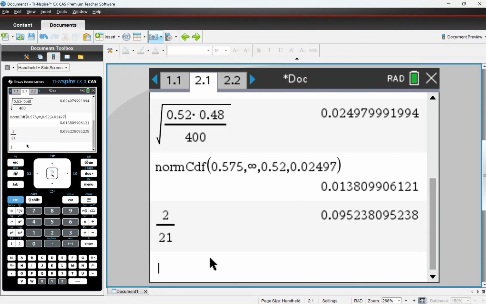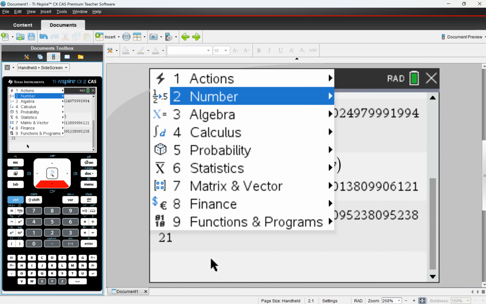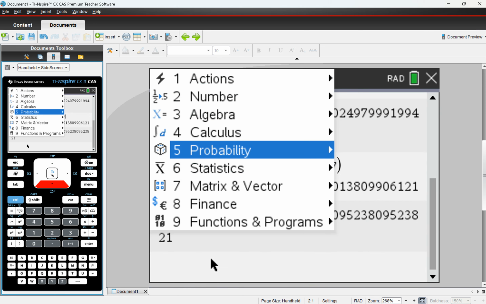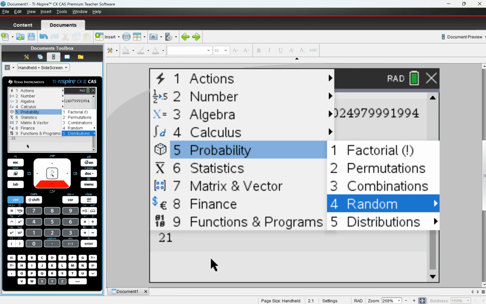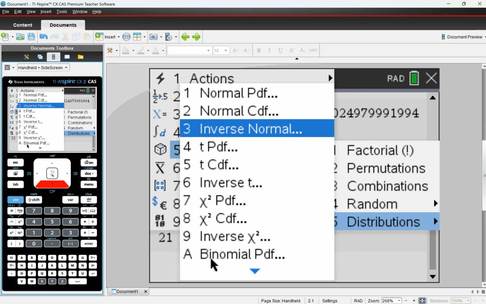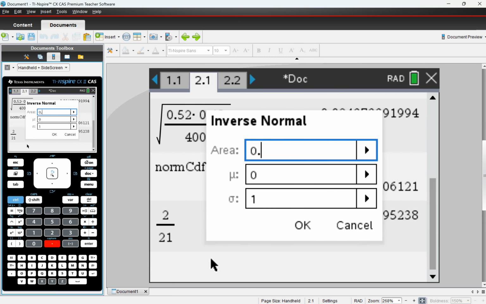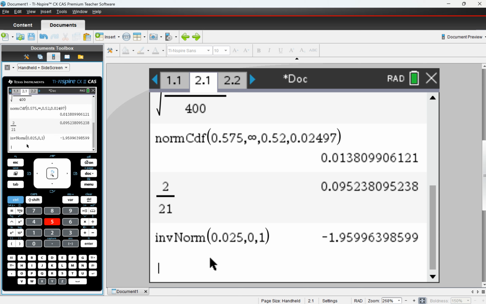Let's do it. Here we go. Inverse norm: calculus, probability, menu 5, inverse norm. I want 0.025, that's the 2.5%, from left to right. And we get not 2. See, notice it's not 2.